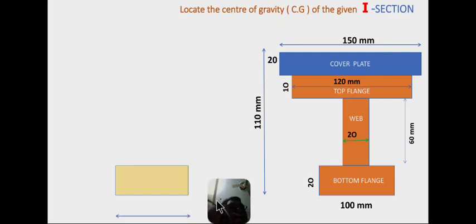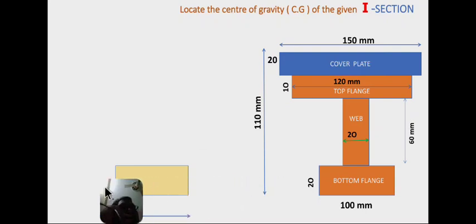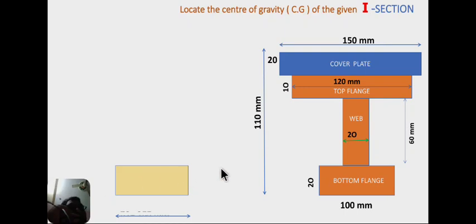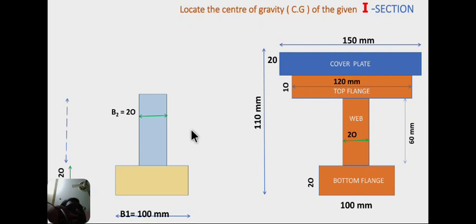First one: base B1 equal to 100 mm and depth D1 equal to 20 mm. So this is the first rectangle, and the second rectangle is base B2 equal to 20 mm and depth D2 equal to 60 mm.